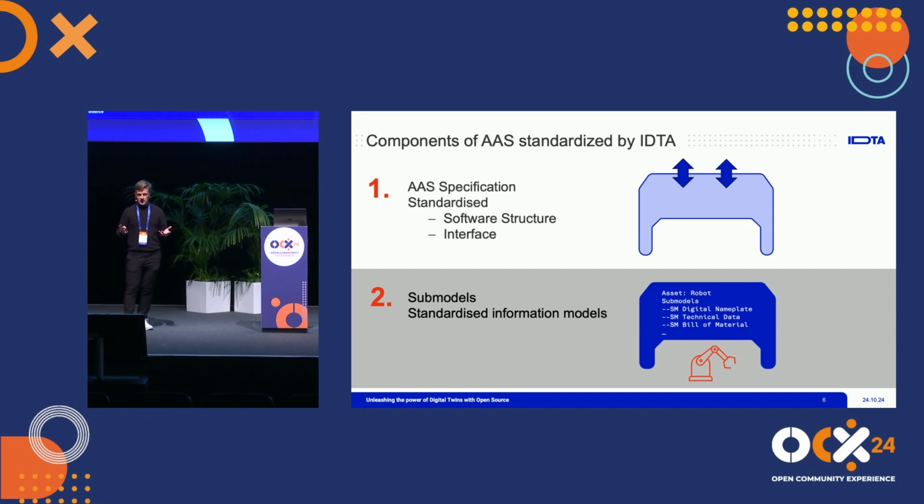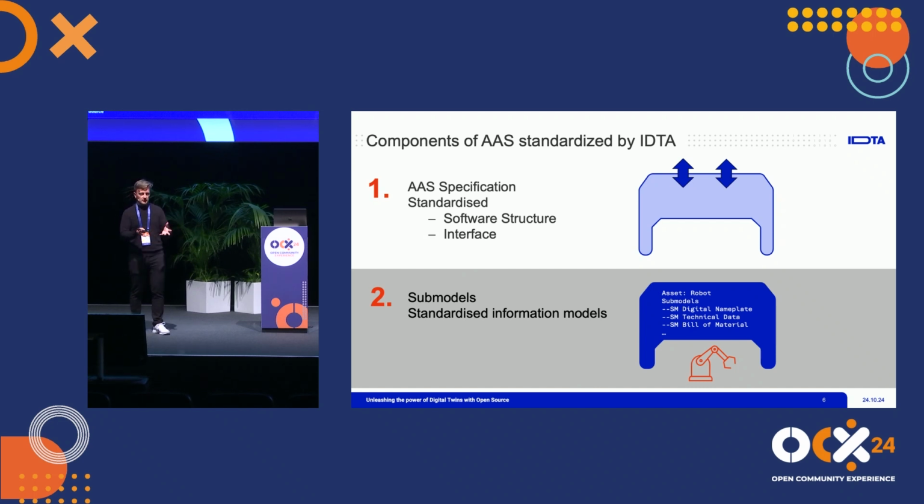The one is the specification of the standard itself, which is the AAS and how it should be implemented as software, as an interface, and also, for example, the meta model. And the second part, as I said with the analogy about the body of HTML or of a website, is the content.